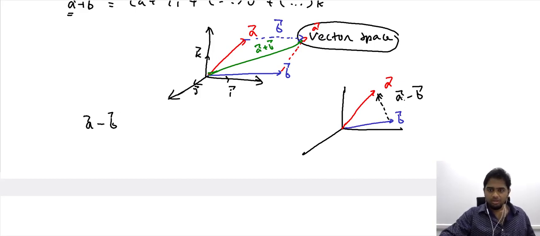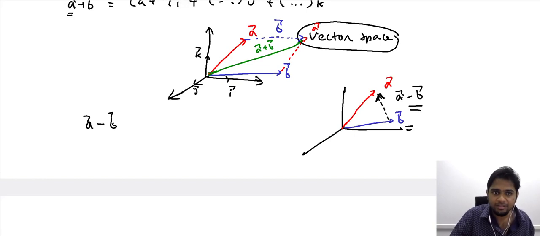The reason we have this particular direction is that when you sum up these 2, that is a vector minus b vector with the b vector, it is possible for us to observe that we go back to our a vector. Let me repeat, this is the graphical representation of the difference.